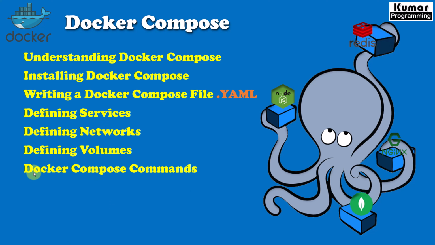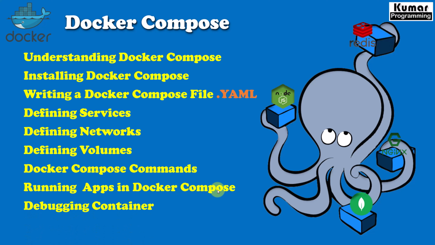And further we will learn about all the useful commands for Docker Compose. And then after that, we will be running our multiple containers or multiple apps in Docker Compose. And eventually, we are going to learn how we can debug our container from Visual Studio. Alright, so now let's start.